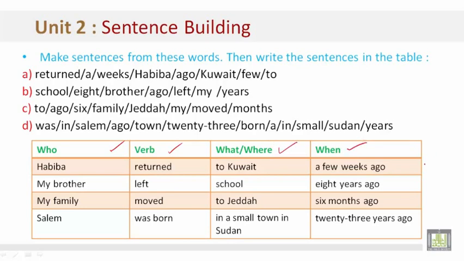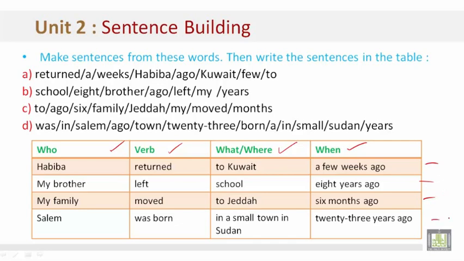So, example A. Habiba returned to Kuwait a few weeks ago. Example B. My brother left school 8 years ago. Example C. My family moved to Jeddah 6 months ago. And example D. Salam was born in a small town in Sudan 23 years ago.